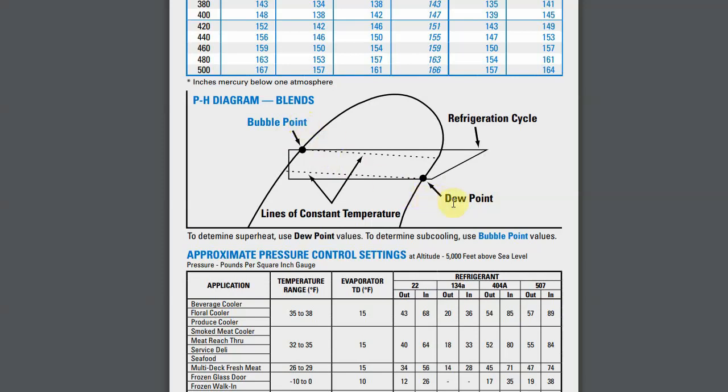Well, the terminology is a little backwards. When they're referring to dew point, they're referring to the saturated vapor that is leaving the evaporator coil before superheat's added to it. So they're referring to it as saturated vapor. The temperature that it is condensing is the same temperature that it's boiling, because a saturation temperature means that it will be either a vapor or a liquid at that temperature and pressure.